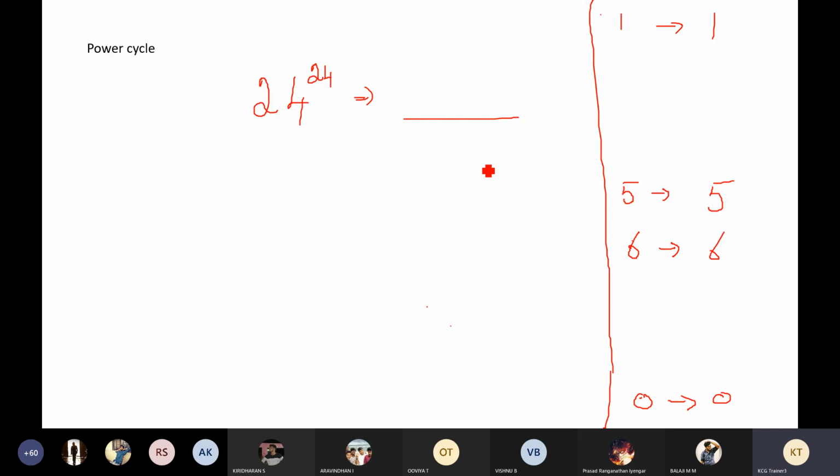What will be the last digit of 24 power 24? Any idea, people?